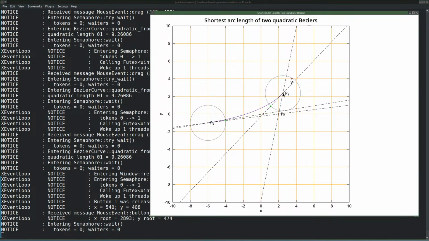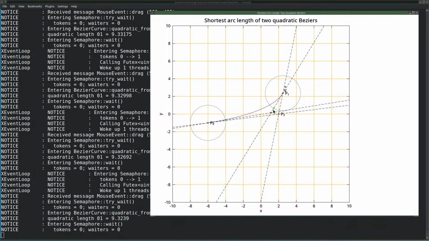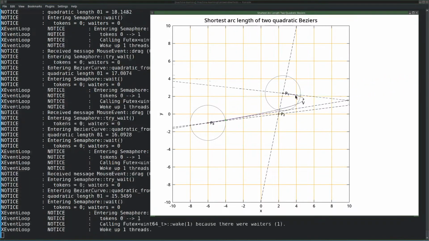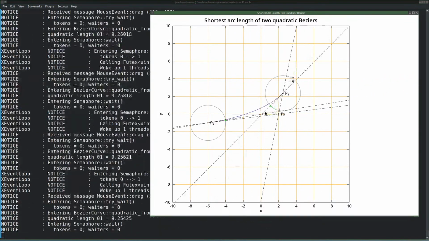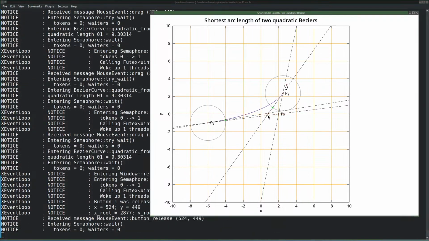How can we detect that? How can I detect that? I guess I lose the direction because I'm calculating the intersection point with this line.